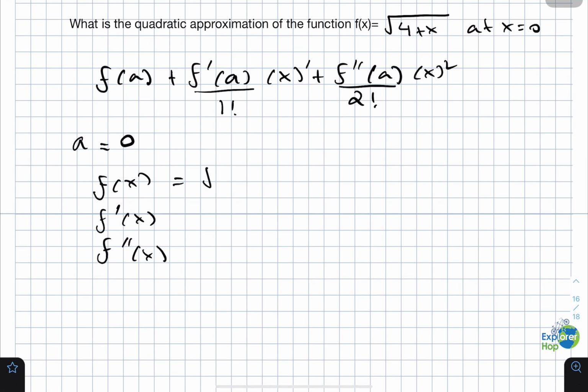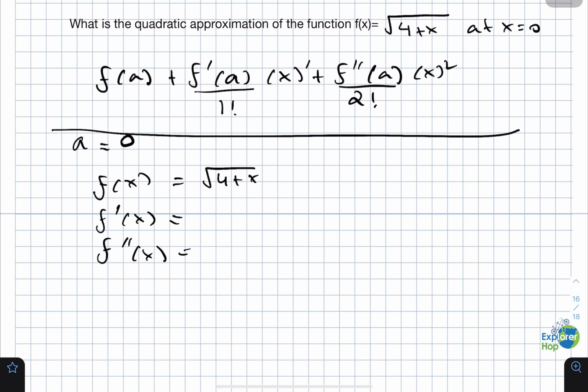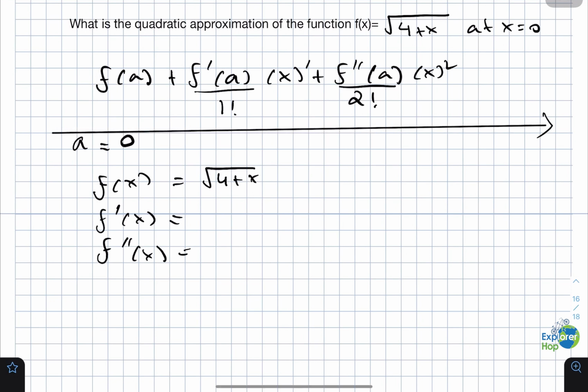So we know f of x is equal to square root of 4 plus x. f single prime of x is equal to, let me just make a line here, half times 4 plus x to the power of minus half, and f double prime of x equals minus 1 over 4 times 4 plus x to the power of minus 3 by 2.